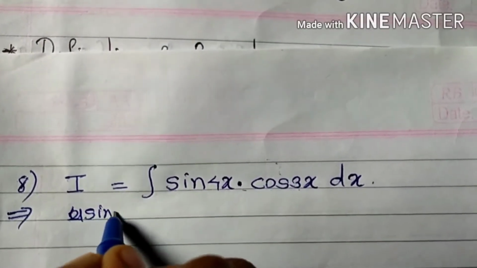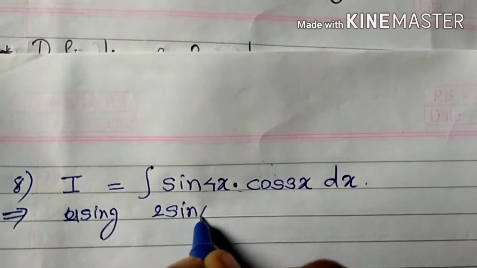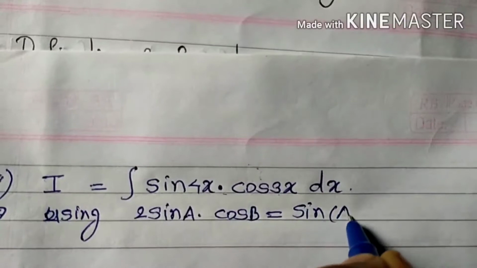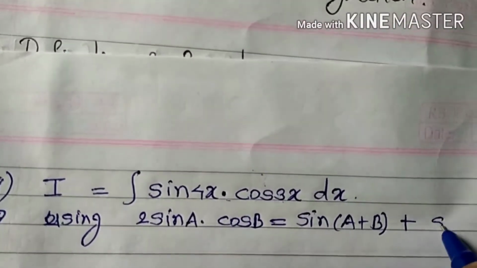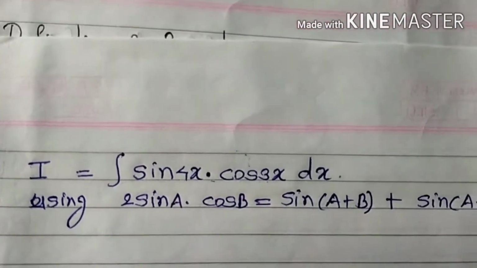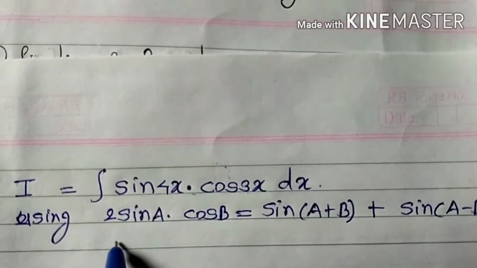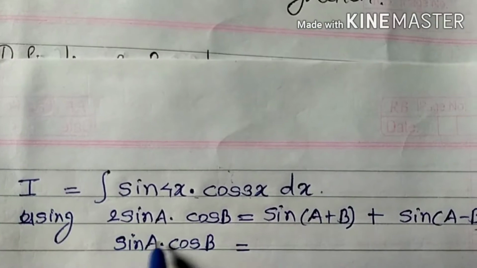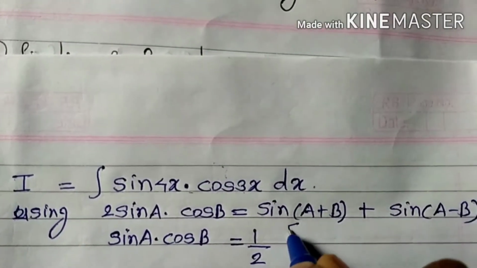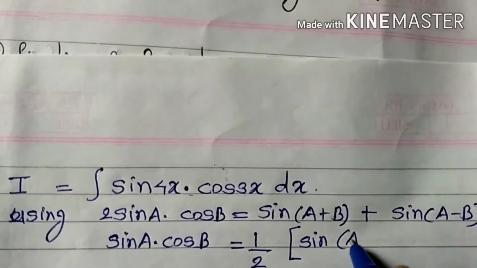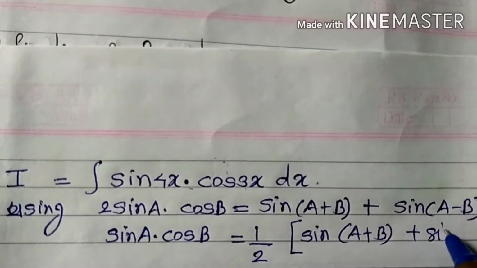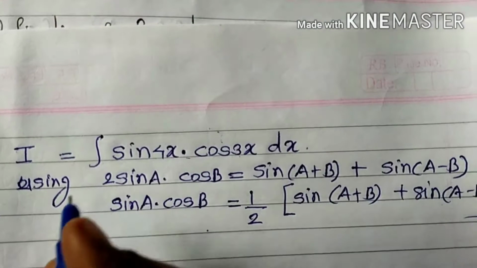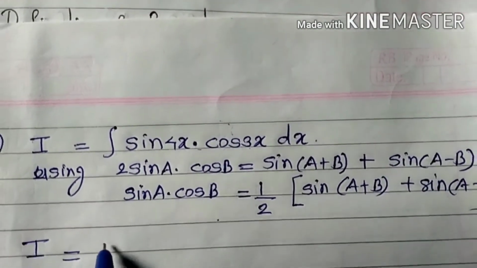Using 2 sin A into cos B, the formula is sin A plus B plus sin A minus B. So 2 is divided here, and we get sin A into cos B is equal to 1 by 2 into sin A plus B plus sin A minus B. So using this formula we can solve this integration.